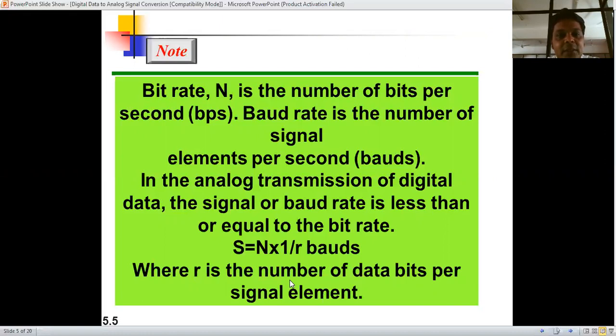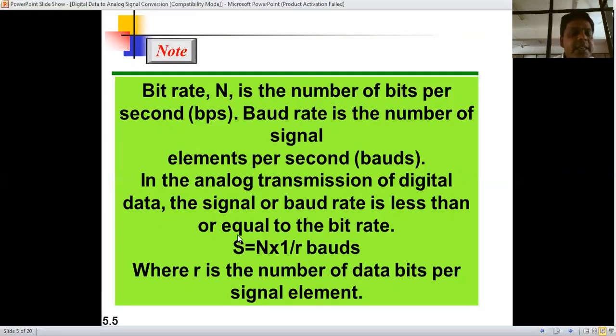Thus, in the analog transmission of digital data, the baud rate is always less than or equal to the bit rate.